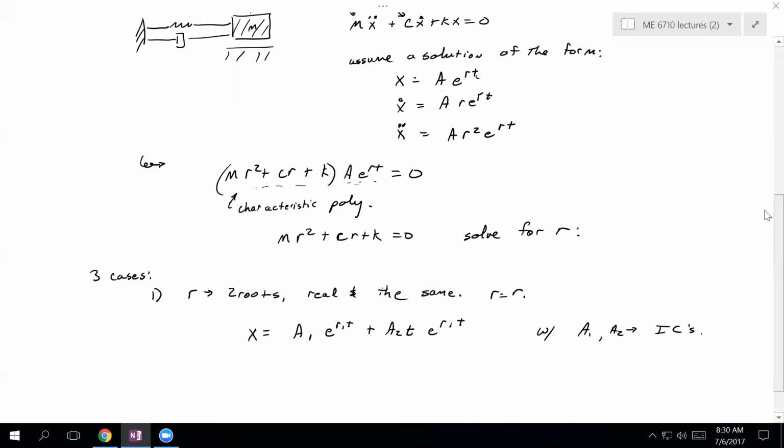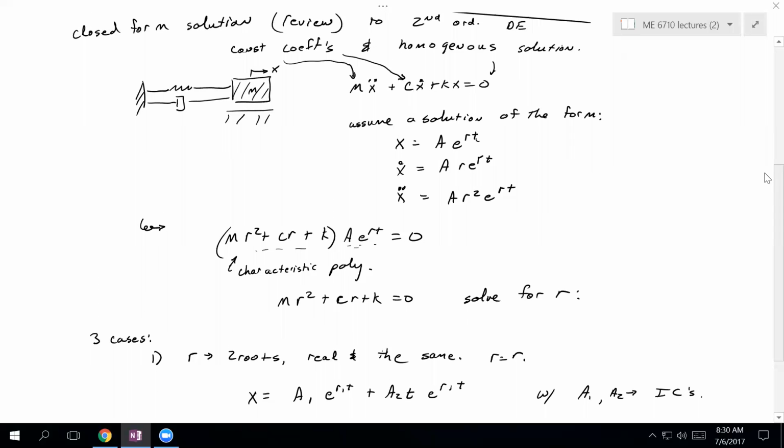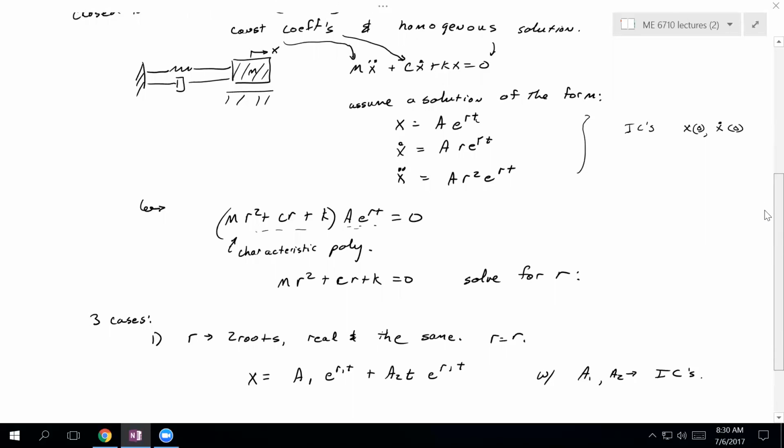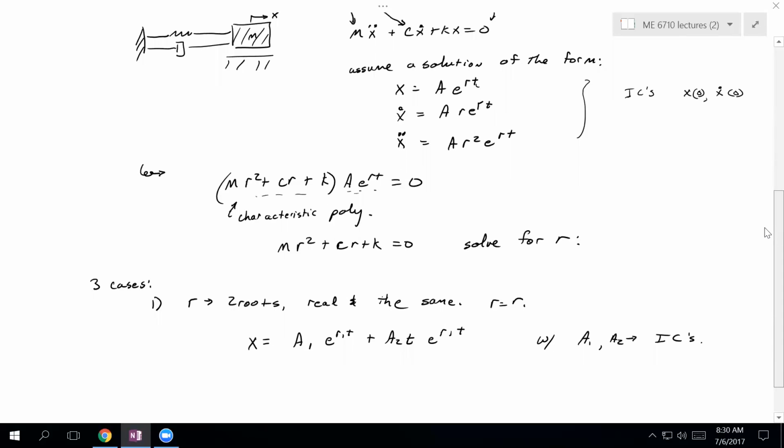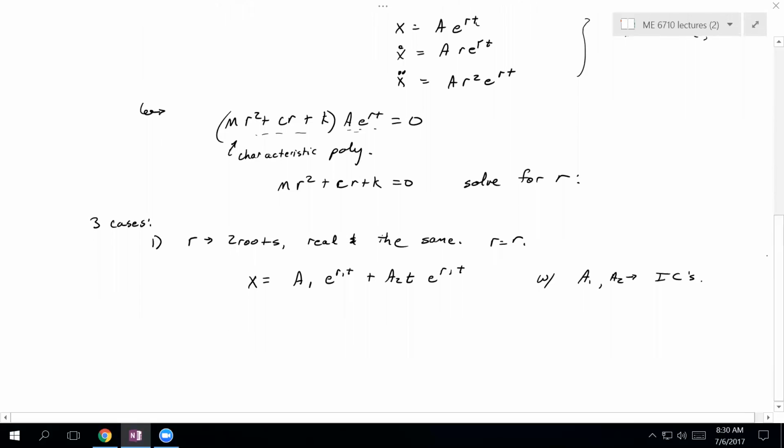I didn't state the initial conditions, but let's review. What would be the ICs up here? The ICs would be the value of x at time 0 and the value of x dot at time 0. I would need that to solve this time-based problem.